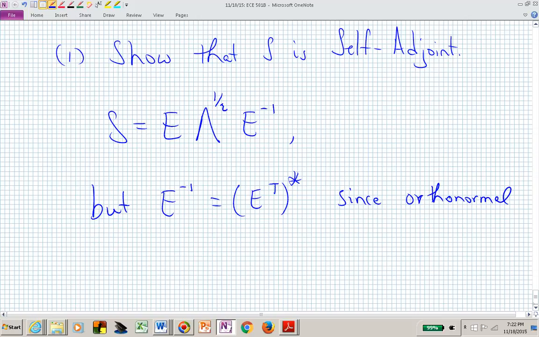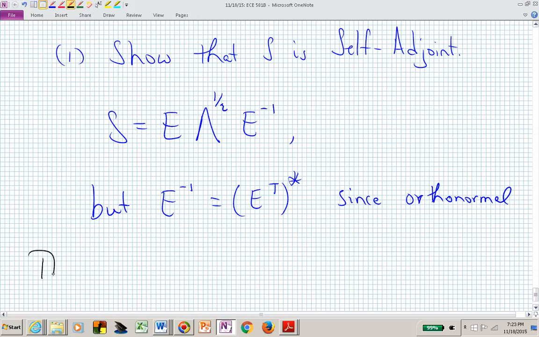Now, we need to show that S is self-adjoint, so if we find in the matrix representation that it was equal to its complex conjugate transpose, then it's self-adjoint.